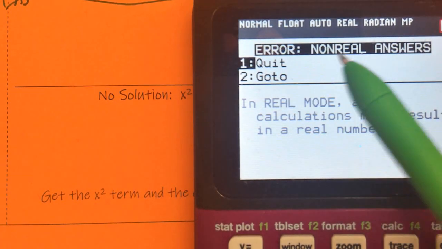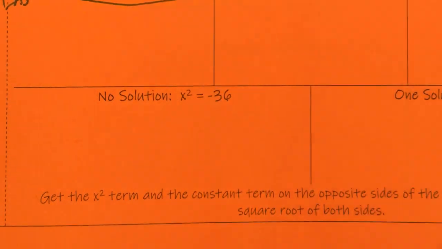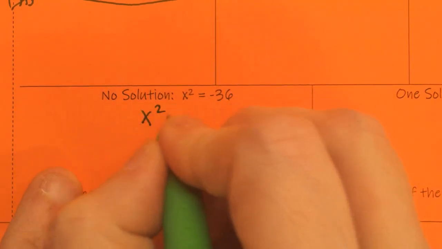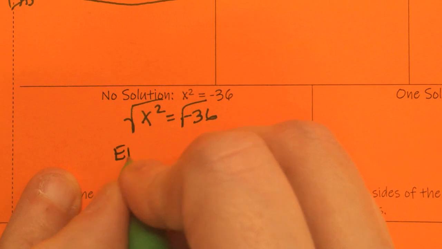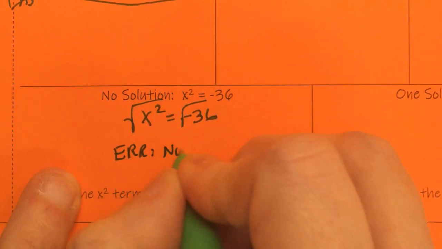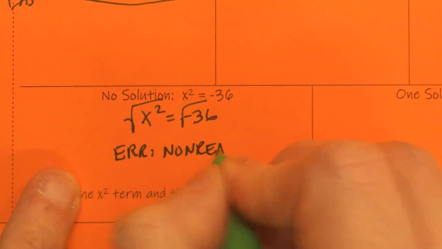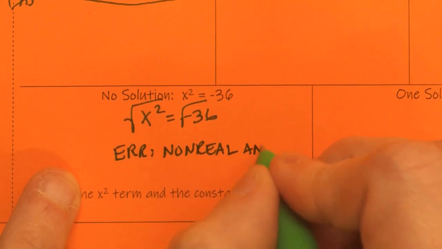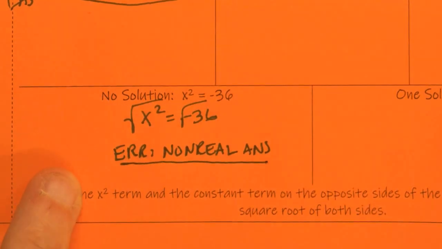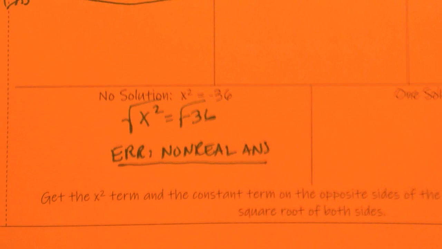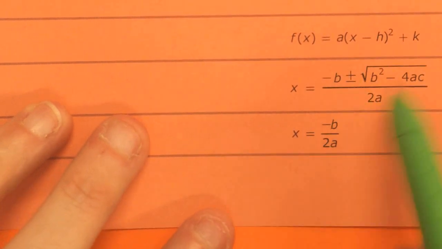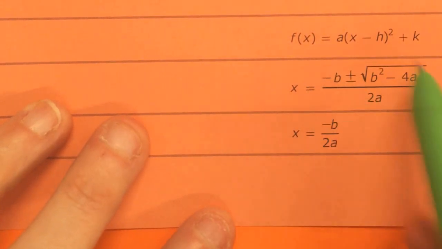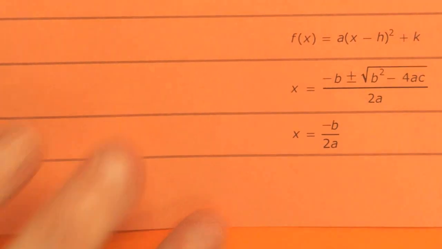Okay? But this error is telling you something. Every time you see an error, it means something. It says non-real answer. I want you to write that down. Write down error, non-real answer, okay? Because later on we're going to be doing this thing called the quadratic formula, and you're going to put a whole bunch of stuff in this formula and put it in the calculator.